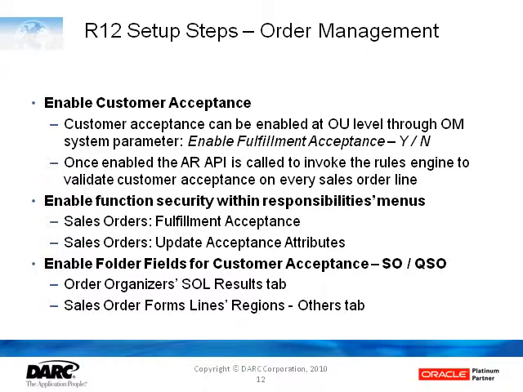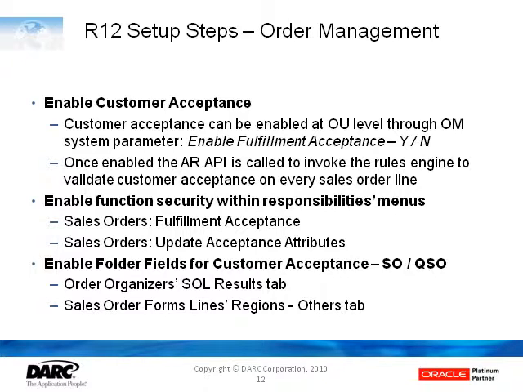And by having this set at yes or Y, it allows the AR API to be called and invoke the rules engine, which actually goes and validates all the sales order lines to apply the customer acceptance rules and/or assignment criteria as needed.